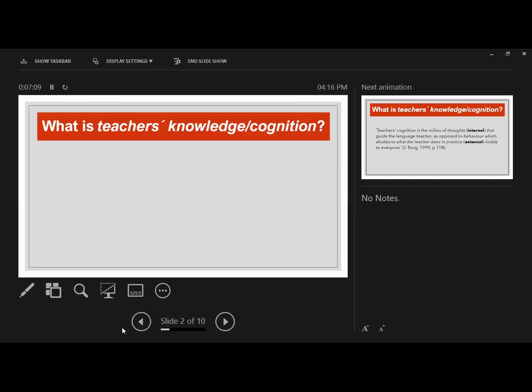Now, when it comes to language teachers, there are certain aspects of our knowledge that have been lined up very, very specifically, very clear.